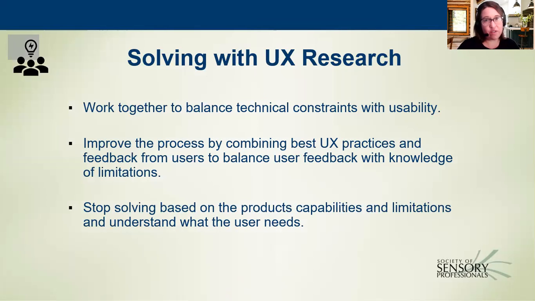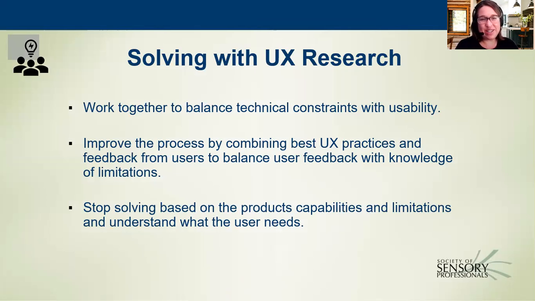So in order to solve this maintenance challenge, we had to work together. And I think that's true for always solving with UX research. You're working together to balance technical constraints with the usability. And you want to use those best practices and gathering feedback from users. And also balance that with what you know about the limitations of the system you're working with.